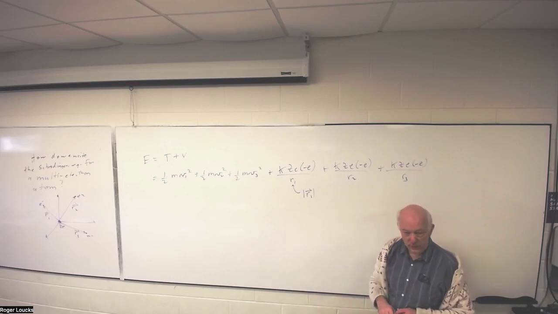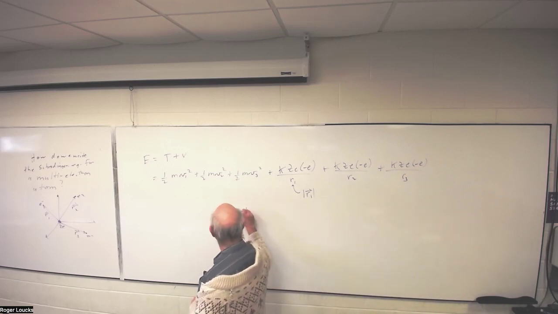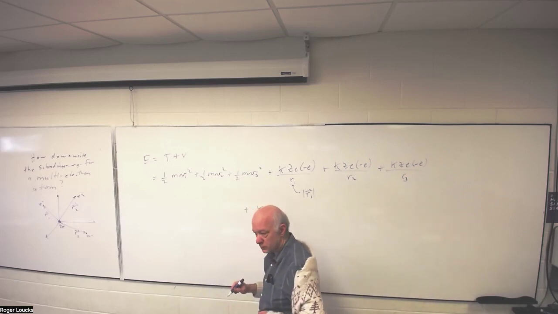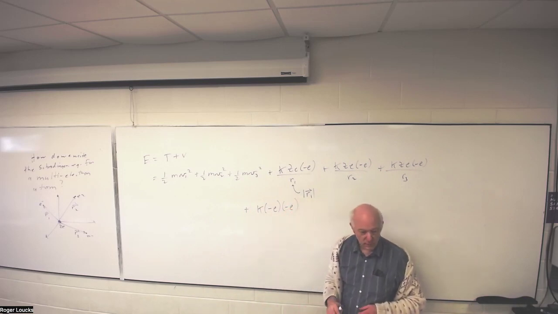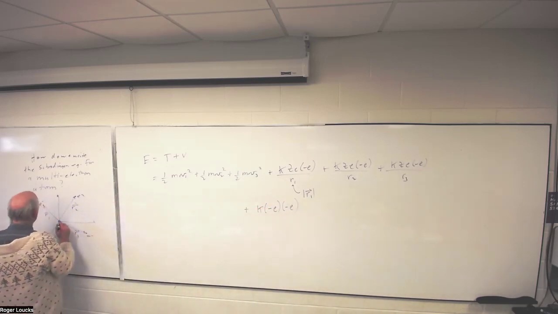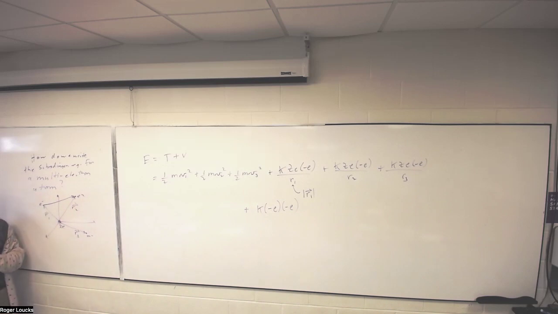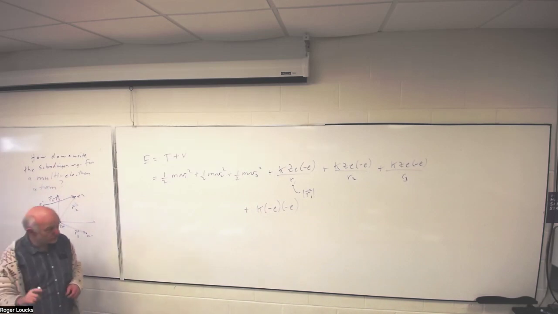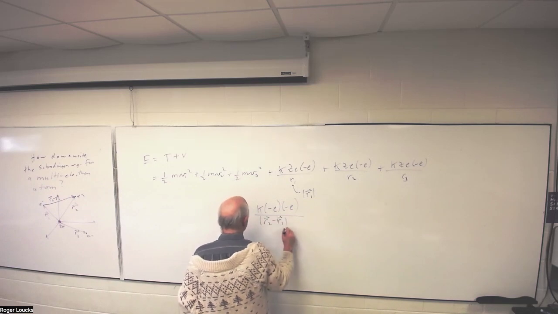What else would you have then? How do you put in the repulsion between the electrons? Plus k times minus e times minus e, over what? This is R2 minus R1, and you need the magnitude of that, so over the magnitude of R2 minus R1.